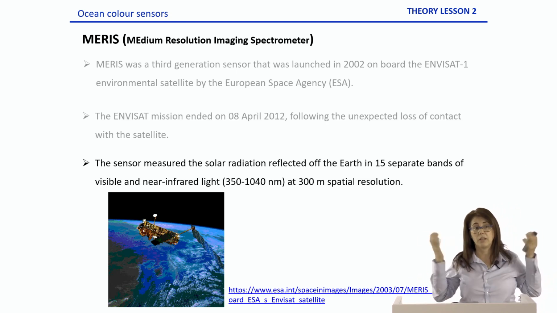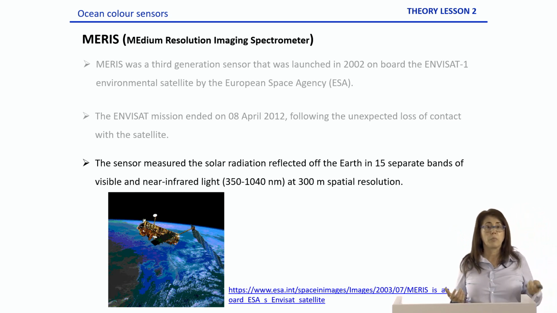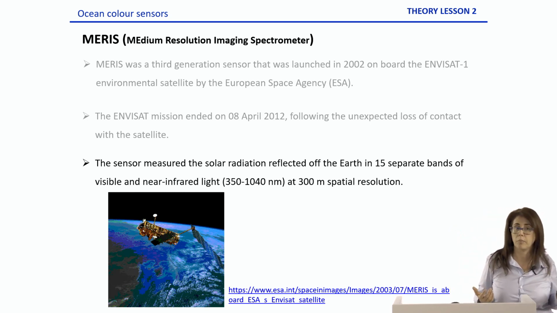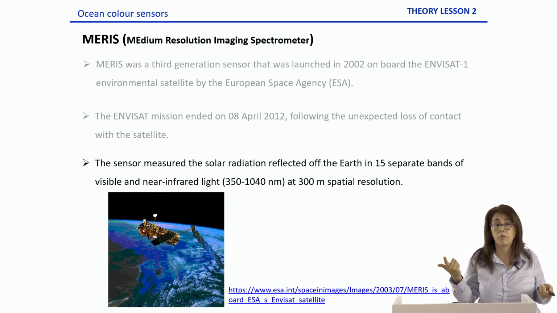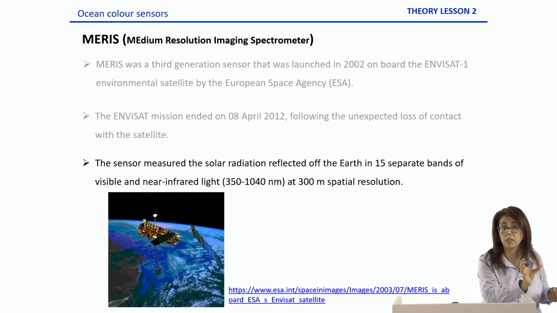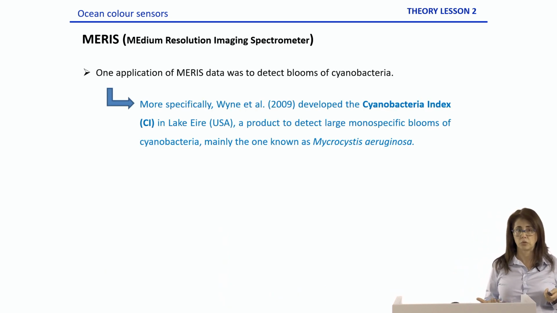So the satellite just disappeared, just vanished. This sensor measured the solar radiation reflected off the Earth in 15 separate bands within the visible and the near infrared light from 350 to 1040 nanometers, okay, at 300 meter spatial resolution. So it had a very good spatial resolution.